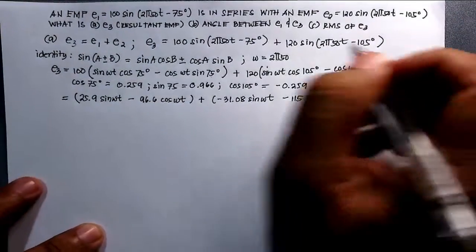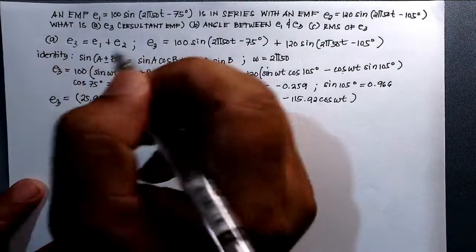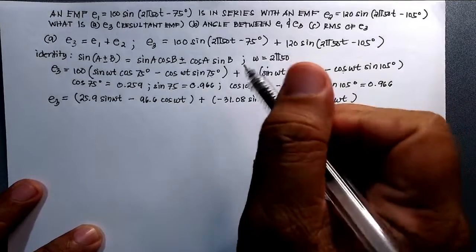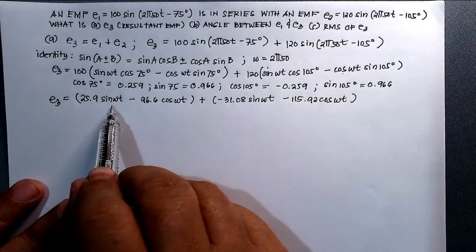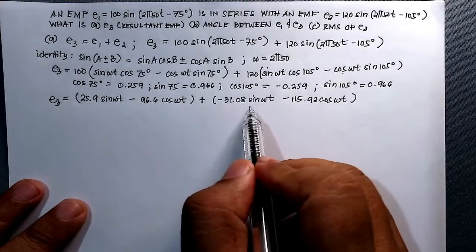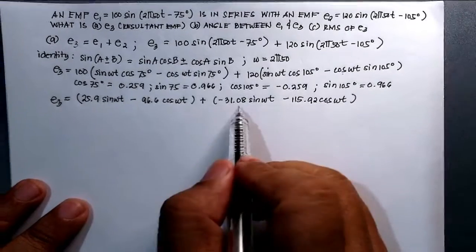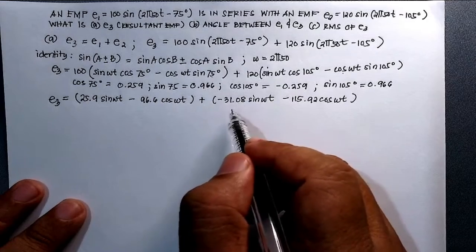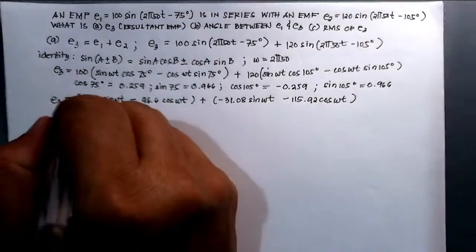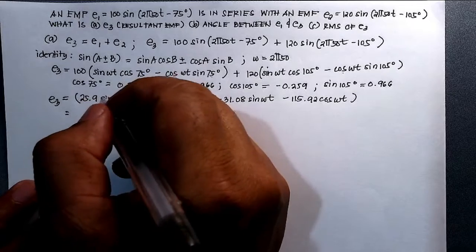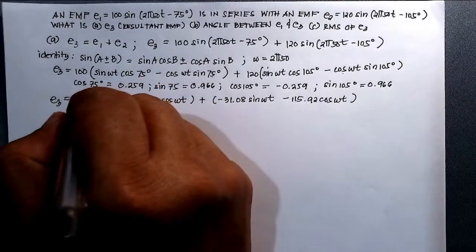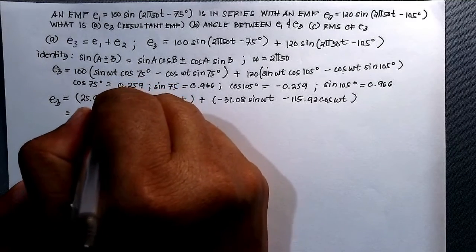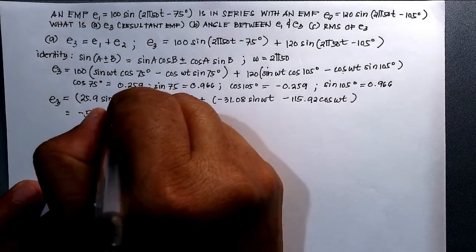Now we group the sine terms: 25.9 sine omega t added to negative 31.08 gives us negative 5.18 sine omega t.